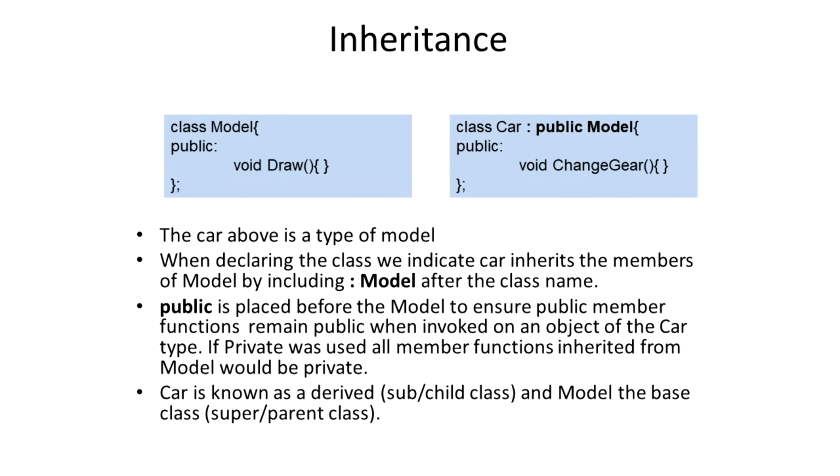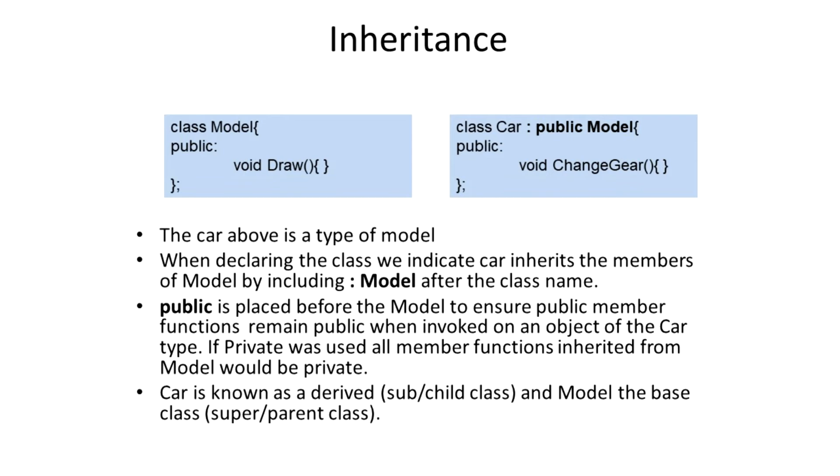Okay, so that colon is present, as we just said in the previous slide, to indicate inheritance. And then, of course, we have to indicate what class we're going to inherit from, which in this case is model, the parent class.